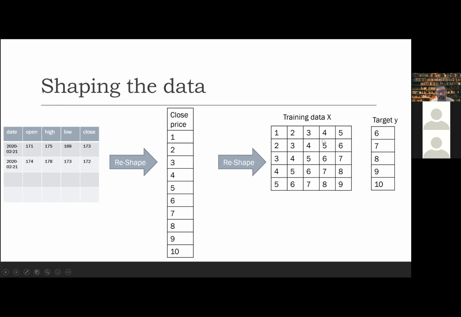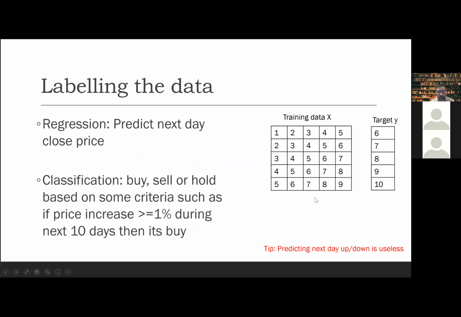After this reshape, we train our algorithm to read the first 5 values and predict the 6th value coming out. That's one way of doing this, and it is a kind of regression analysis, predicting the next day closing price.